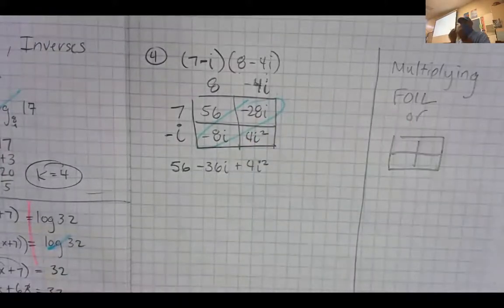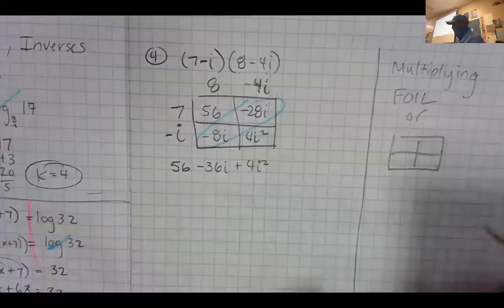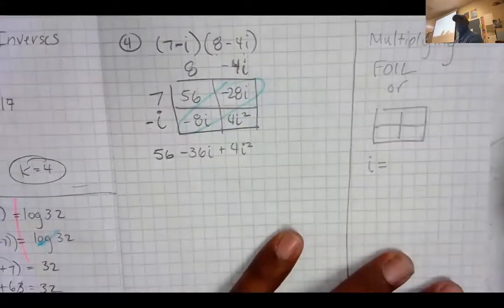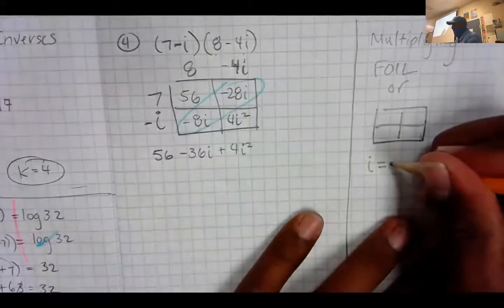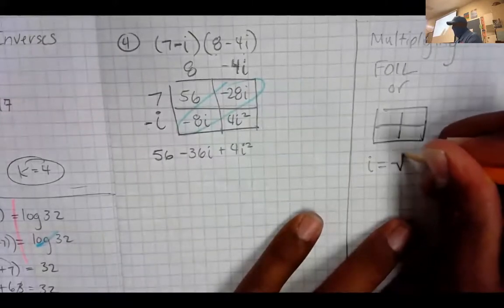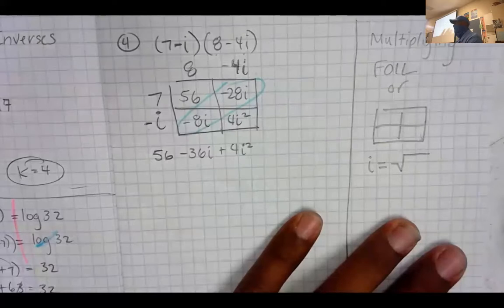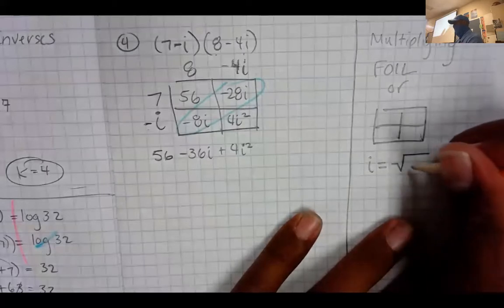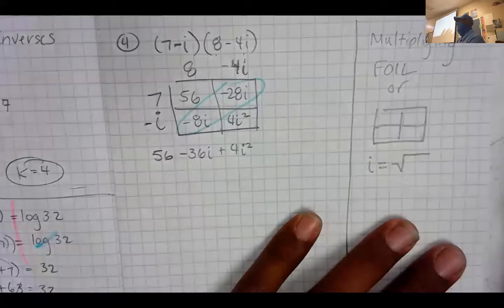Now, there's a special property when it comes to i. First of all, we need to remember what i even equals. i is the square root of what number? You guys remember? This is the whole reason why it's called imaginary. What numbers can we not square root?